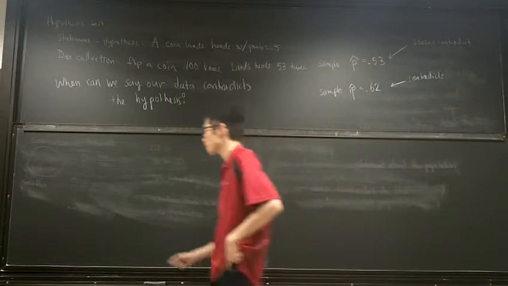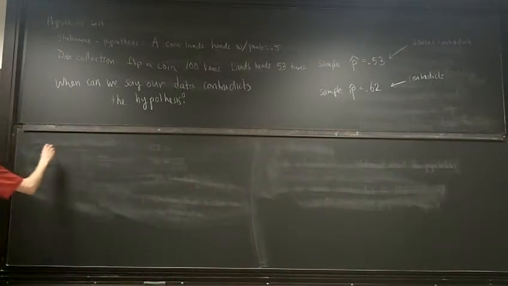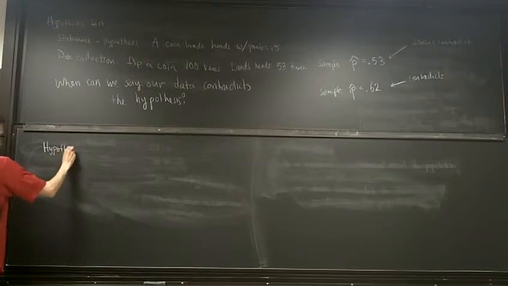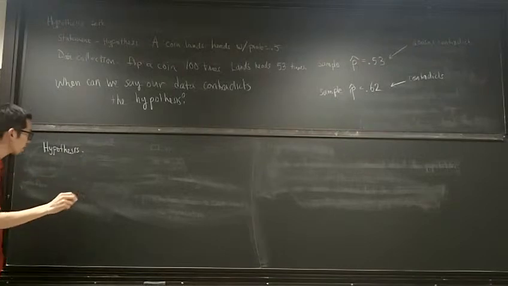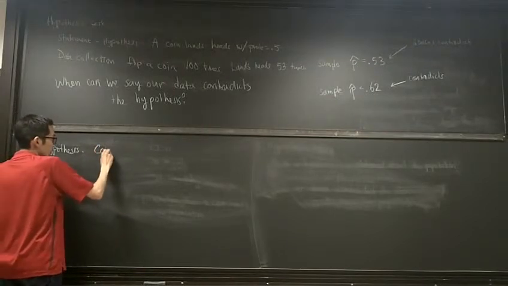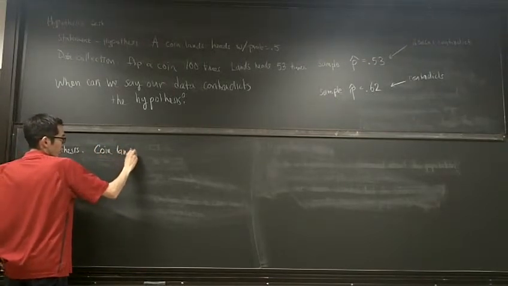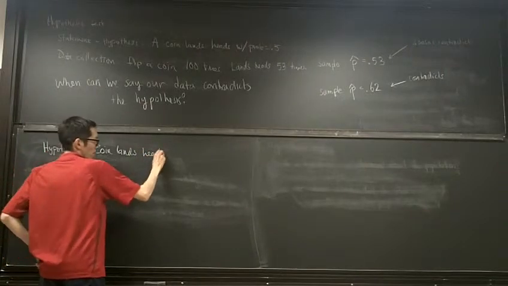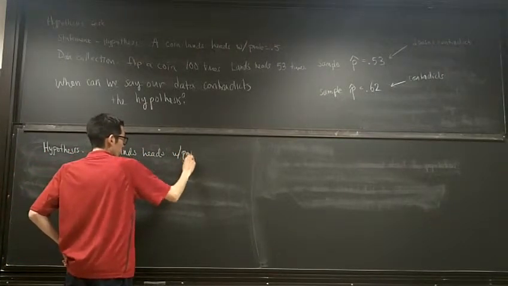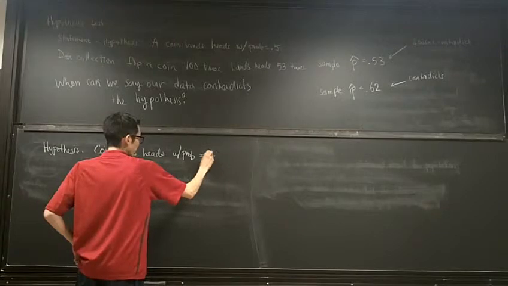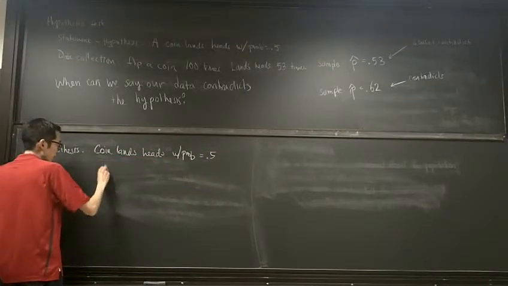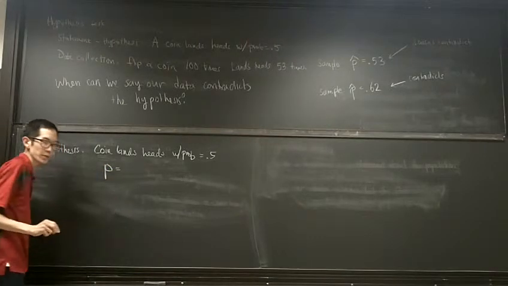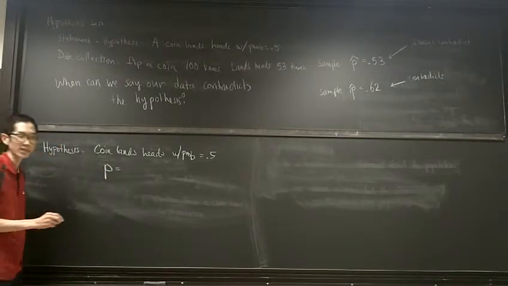So this is what I'm saying. This is our original hypothesis, that the coin lands heads 50% of the time, with probability equal to 0.5. Or, if I just wanted to do this symbolically, I would write P, where P represents the proportion it lands heads.